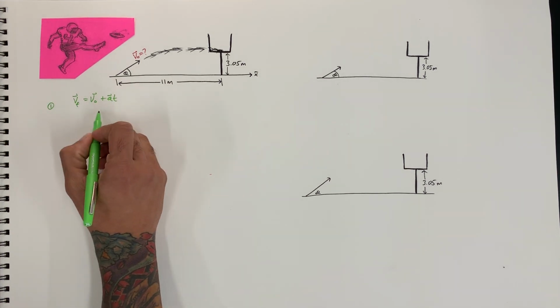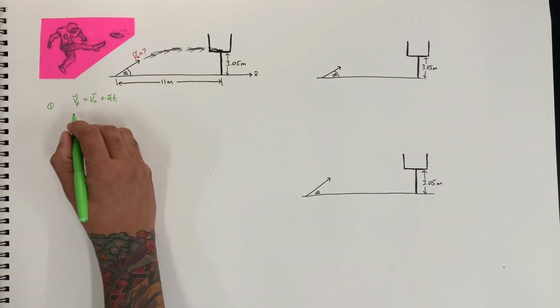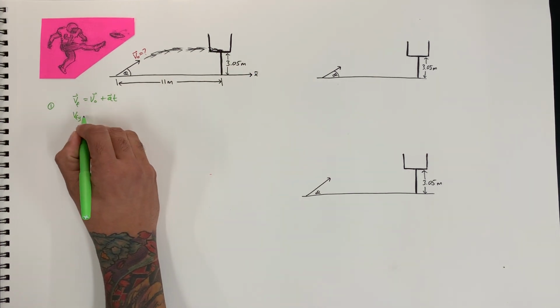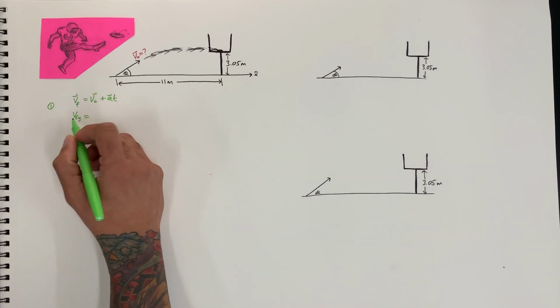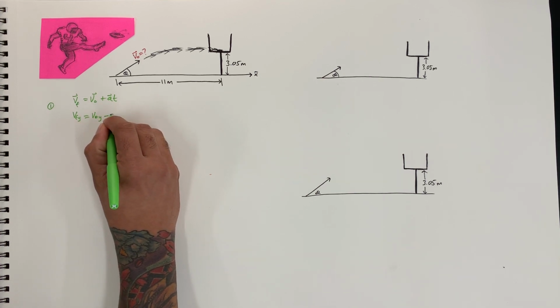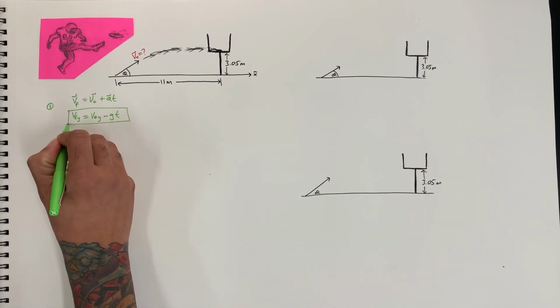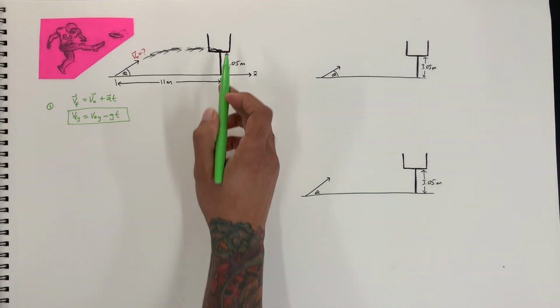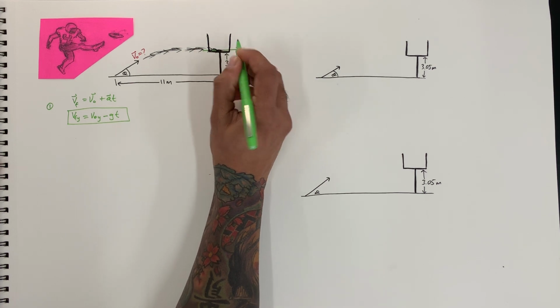I can either choose X or I can choose Y. And since this is my highest point, I want to choose V final in the Y, because I know that the velocity final in the Y is going to be 0. Okay, so the velocity initial in the Y minus GT. Okay, so I want to use this and take advantage that this is the highest point.